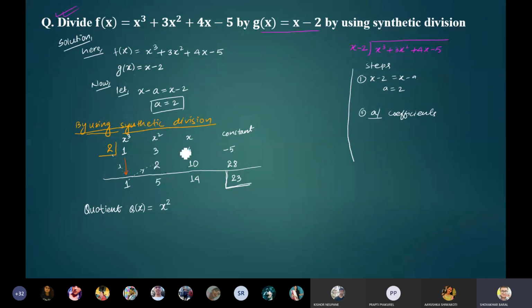And 5 times x will be equals to 5x. And 14 will be a constant, so plus 14. This is the quotient. And your remainder r is equals to 23. This is the whole process, and this is our answer also.